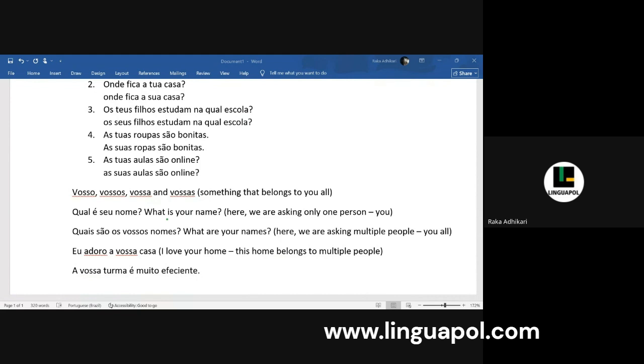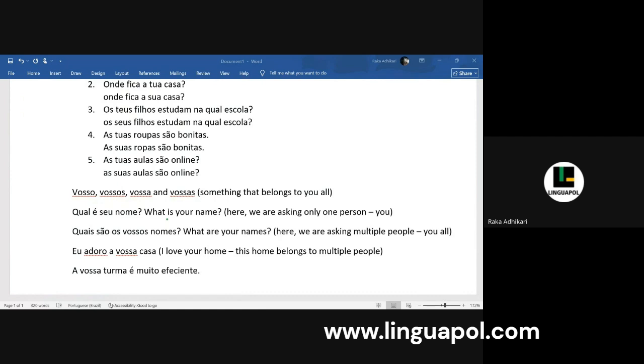Now in a batch, there has to be multiple people. That is why we are saying vossa turma. यानी आप सबका जो बैच है. अब बैच एक ही है पर आप सब बहुत सारे हैं. Multiple students in one batch. So the turma is singular because we are referring to only one batch.